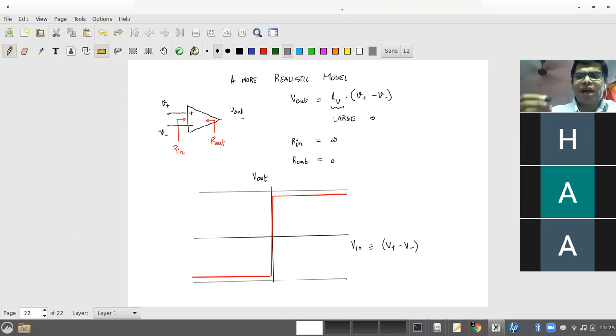Okay. Many times for hand calculations, we will assume that it's saturating at the power supply itself. But for more sophisticated calculations, you can assume that it's not saturating at the power supply. It's saturating slightly below the power supply. Does this make sense to all of you? Yes or no? Yes, sir.